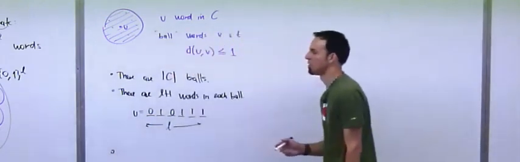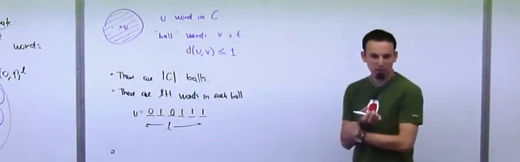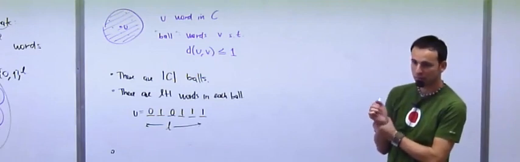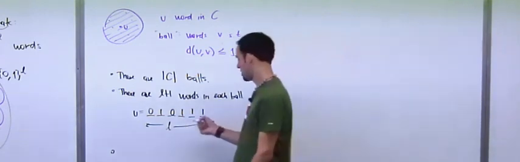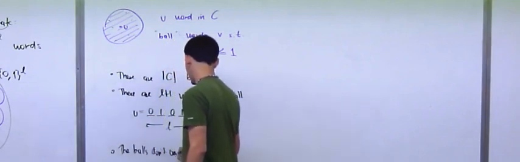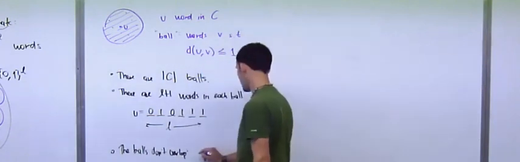And the last thing I want to say is that I drew these balls in a convenient way to not overlap. But I claim that that's not an accident, that they really don't overlap. The balls don't overlap. Why?